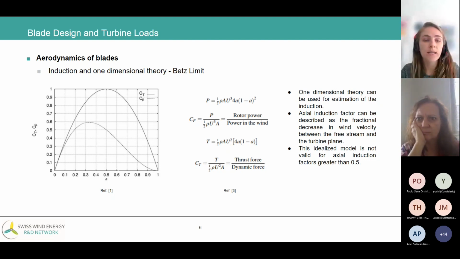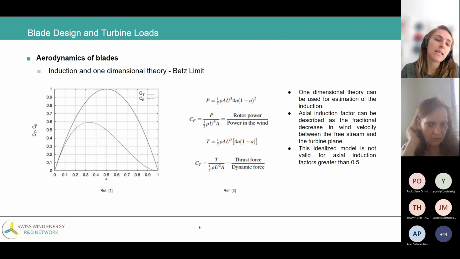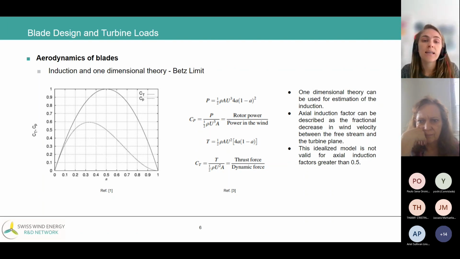So making a relation between the power and the thrust force, we will then be able to calculate the induction, which is basically the wind speed that we will extract from the wind. Because you cannot simply extract all the wind speed from the wind, we'll have a maximum induction and a maximum power that you can extract from the wind.